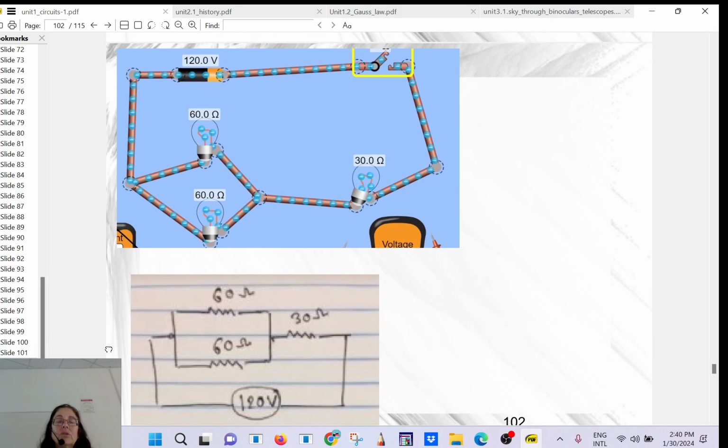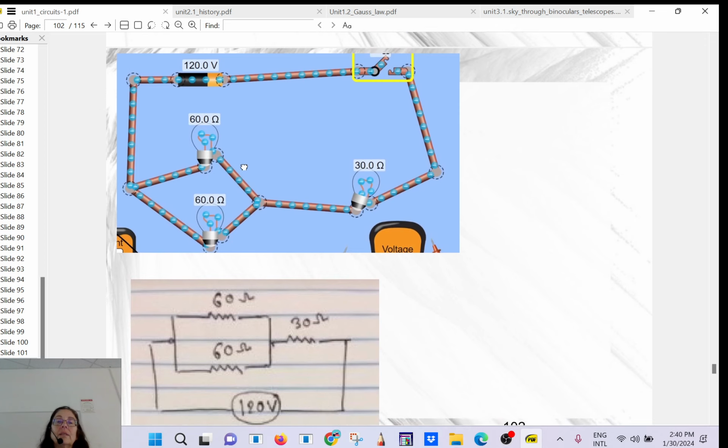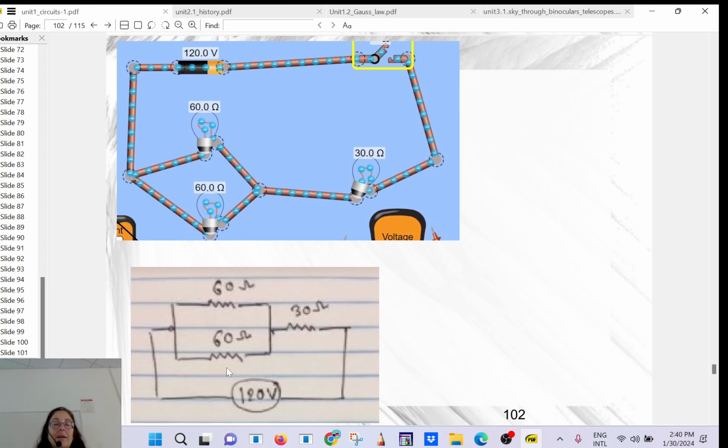Okay, so let's try. Why don't we try to do this one? What do we want? Okay, so try to find, you see the difference between two. Try to find the current here, the current there, the current there, the voltage drop across here, across there.